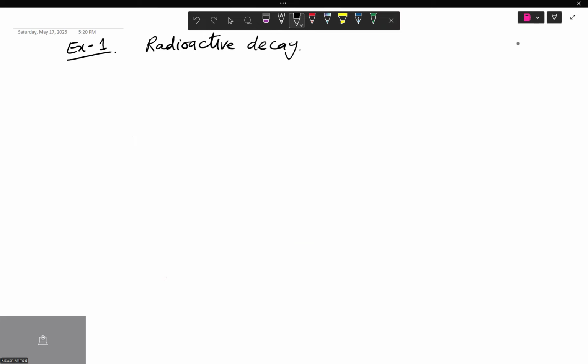So it's a first order differential equation. It's written as dy/dt equals minus lambda y, where lambda is the constant for decay. And let's assume that y of 0 is equal to y naught. So with the differential equation, we take the Laplace transform on both sides.